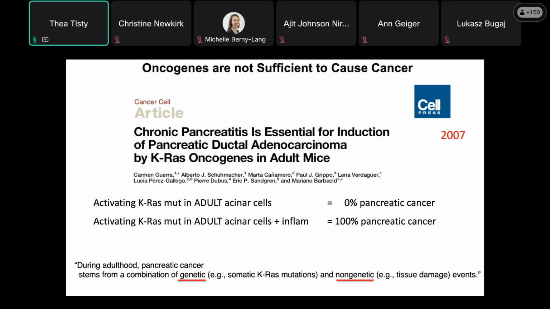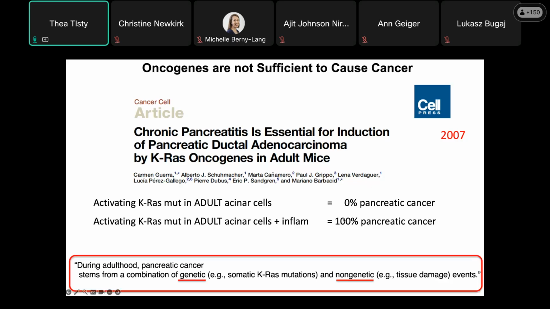At that point, 100% of them developed pancreatic cancer. Again, oncogenes alone are not sufficient. The bottom says it's a combination of genetic and non-genetic events that seem to be really important.